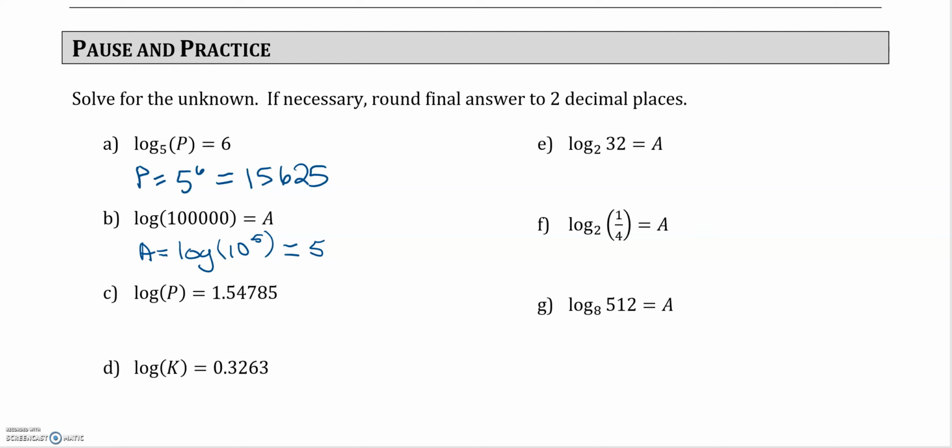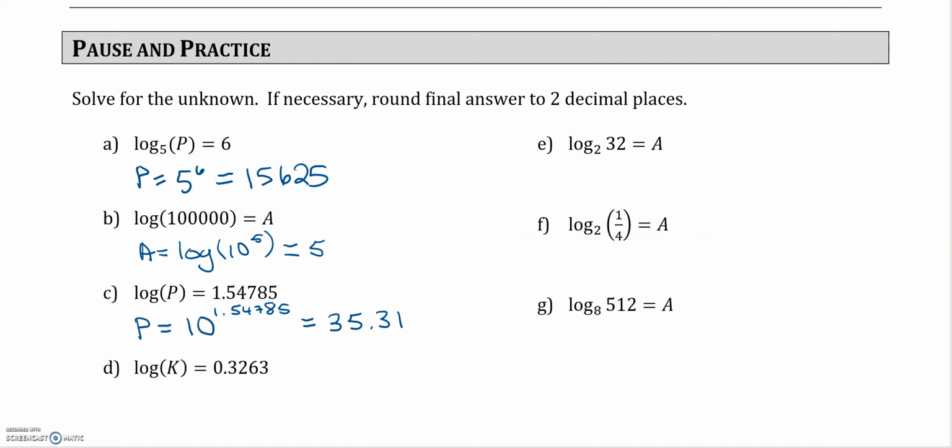In part C, we have that log of base 10 of p is equal to 1.54785. So we find p by taking our implied base of 10 and raising it to the exponent of 1.54785. Now evaluate this on your calculator and you will find that the final answer is 35.31 when rounded to 2 decimal places.